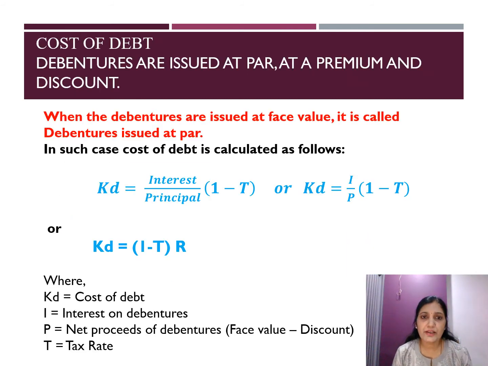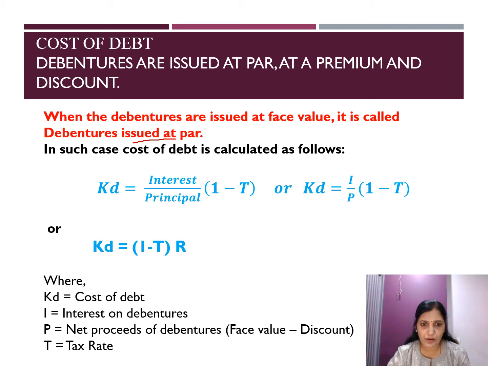Now we'll see debentures issued at par, premium and discount. When debentures are issued at face value, we say that it is issued at par. In such case, cost of debt, we have already seen this formula, is equal to interest divided by principal into 1 minus T, that is for tax.